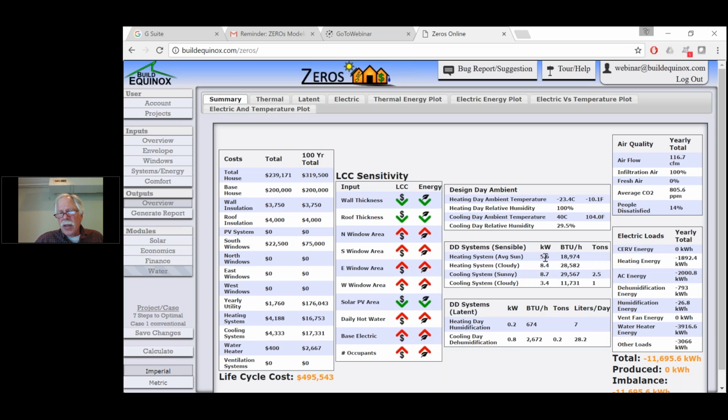Let's look over here at the conditioning system, speaking of that. On the design day, the coldest day of winter, when it's sunny, I would need about 19,000 BTUs per hour, and in our case one without any windows, we had about 20,000 BTUs per hour.